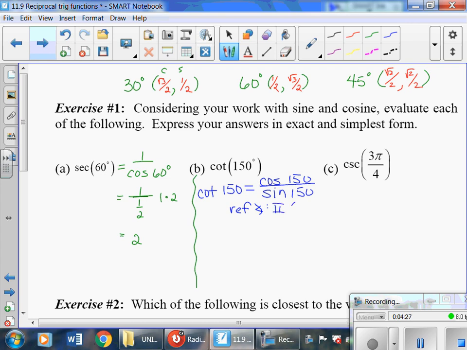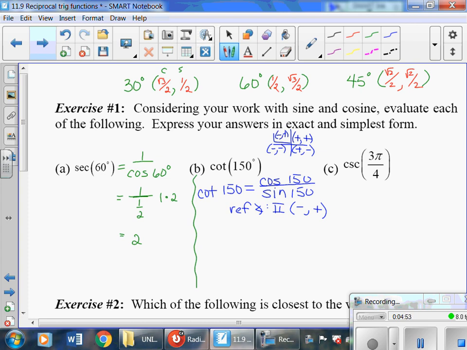In the second quadrant, I have negative and positive. Remember how I do that? I know this is positive, positive. I know this is negative because I go this way and then up. So that helps me find my sine and my cosine for each one of my quadrants.